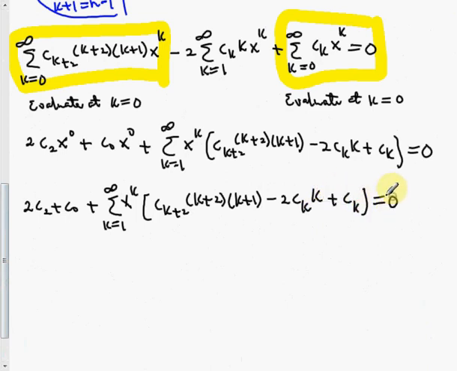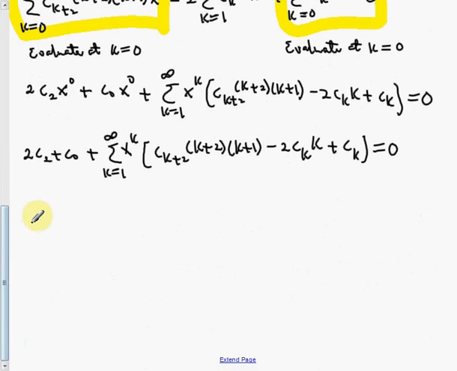Close that up, equal to 0. Now the whole thing is supposed to equal 0, so 2 times c sub 2 plus c naught has to equal 0. That implies that c sub 2 is equal to negative c naught over 2.